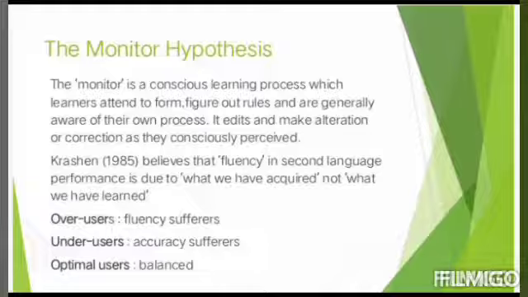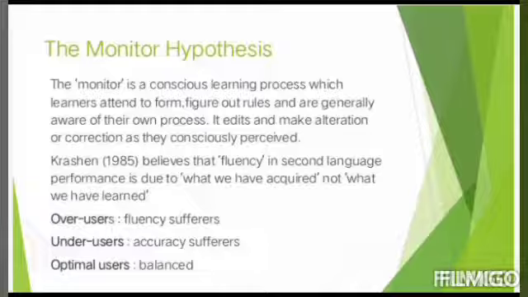Those learners who have learned the use of the monitor appropriately are called optimal users or balanced. And those learners who have not learned or who prefer not to use their conscious knowledge are called underusers or accuracy sufferers. An evaluation of the person's psychological profile can help to determine which group they belong to.